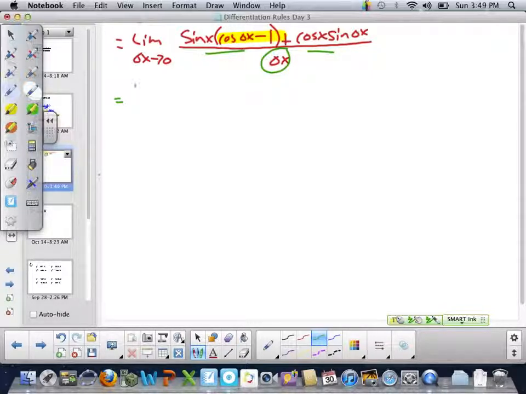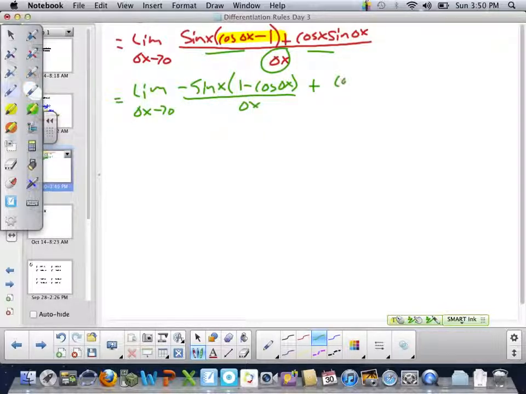So I'm going to rewrite this: the limit as delta x approaches 0 of negative sine x, factoring out the negative, times 1 minus cosine of delta x over delta x, plus cosine x times sine delta x over delta x. Remembering our special trig rules, 1 minus cosine delta x over delta x, as delta x approaches 0, is 0.